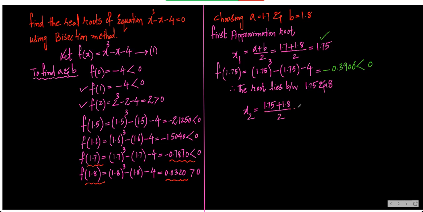Find out this answer and again substitute in our function. If it is less than 0, replace by a again. If it is greater than 0, replace by b again.